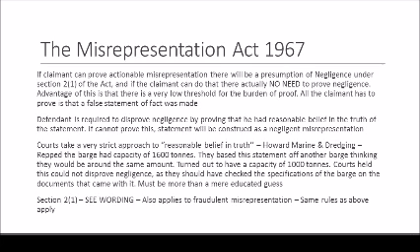It's quite ironic because you'd think in contracts that the burden of proof would be on the claimant, but here the burden of proof switches from the claimant to the defendant. And you'll understand why in a moment.